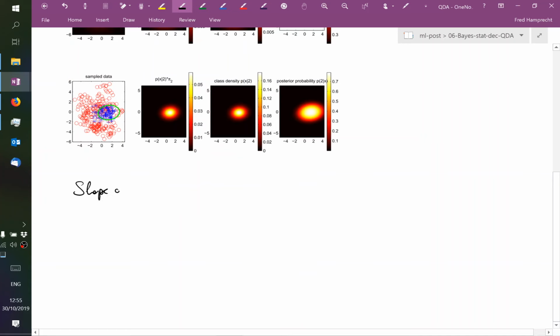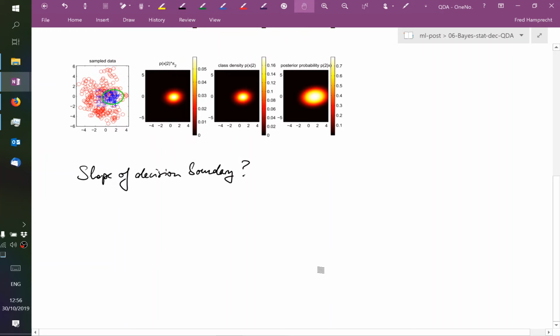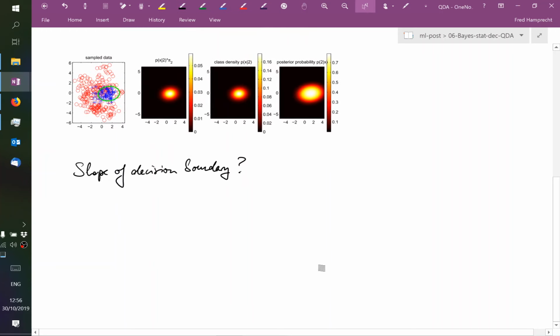Let's look at the shape of the decision boundary. To find our decision boundary, we equate the probability of class 1 given x with the probability of class 2 given x, if it's just two classes.